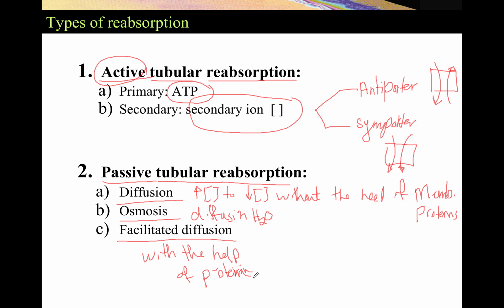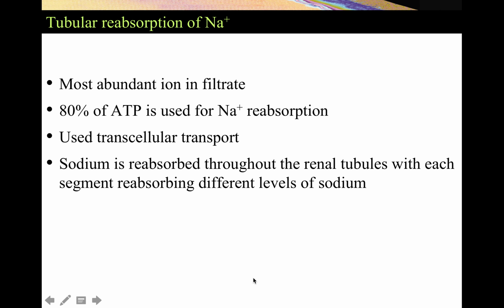So let's take a look at reabsorption of the molecules, and then we're going to look at each segment and see what gets reabsorbed at what section, at what percentage. So, tubular reabsorption of sodium. Do remember that sodium is one of the most essential ions in your body.